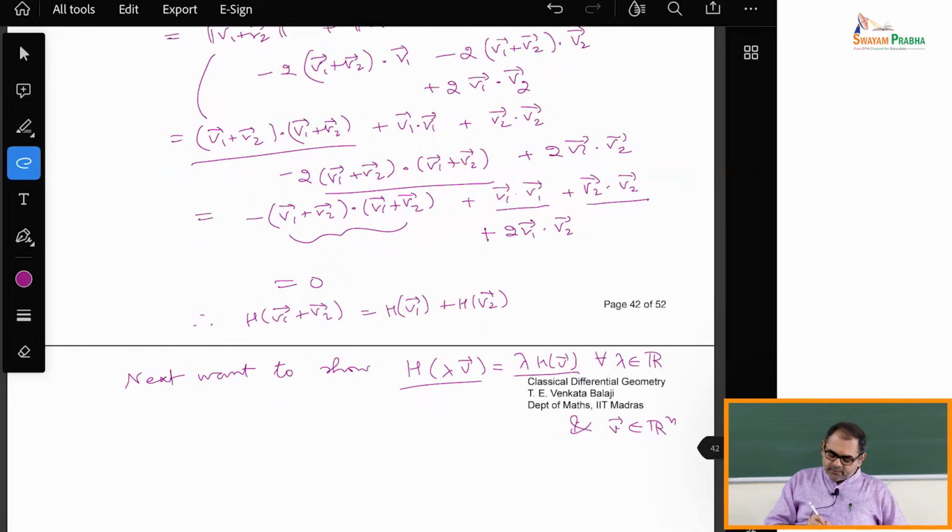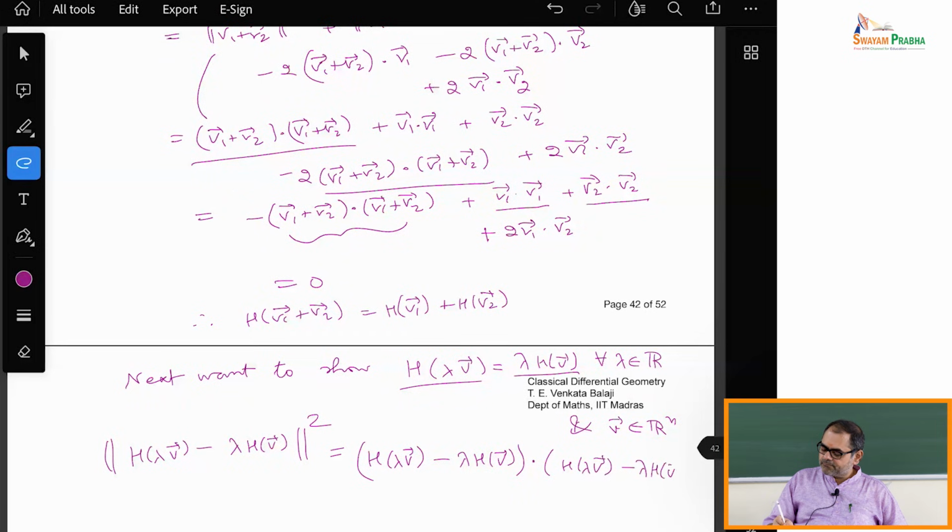So norm of H lambda V minus lambda HV, squared. You calculate. This is going to be the dot product of this vector with itself. And I'm going to get norm H lambda V squared.